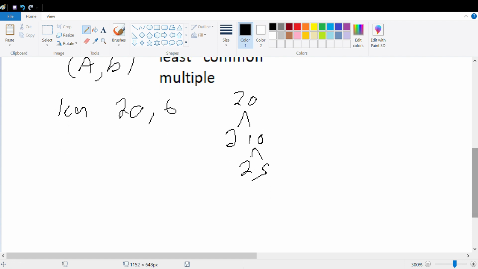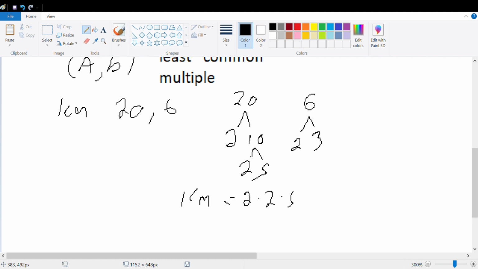Now when we go to the 6, we try to find its prime factorization. It's 2 and 3, and we can't really go much further. Alright, so to find the LCM, we multiply all this. The first number is going to be 2 times 2 times 5.